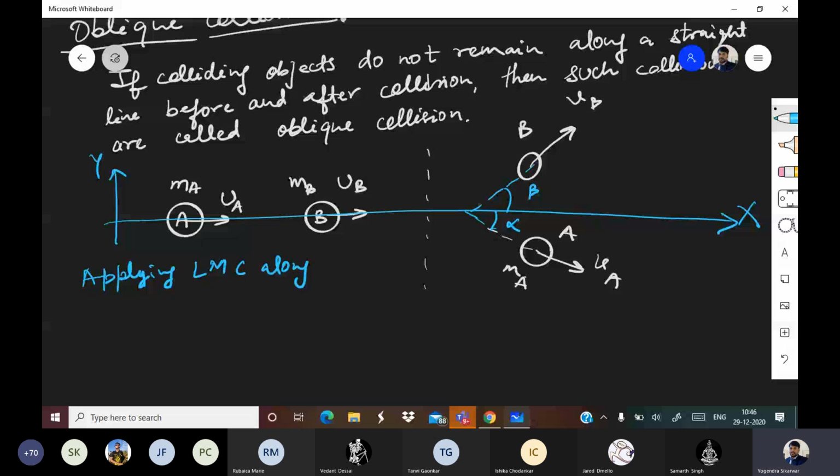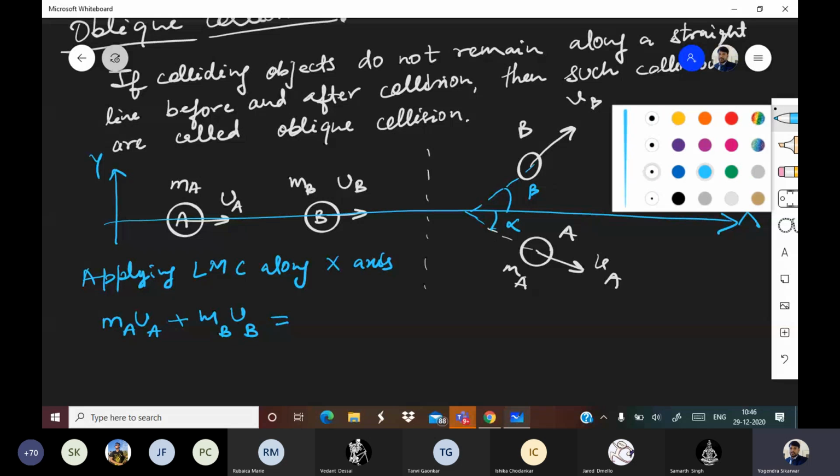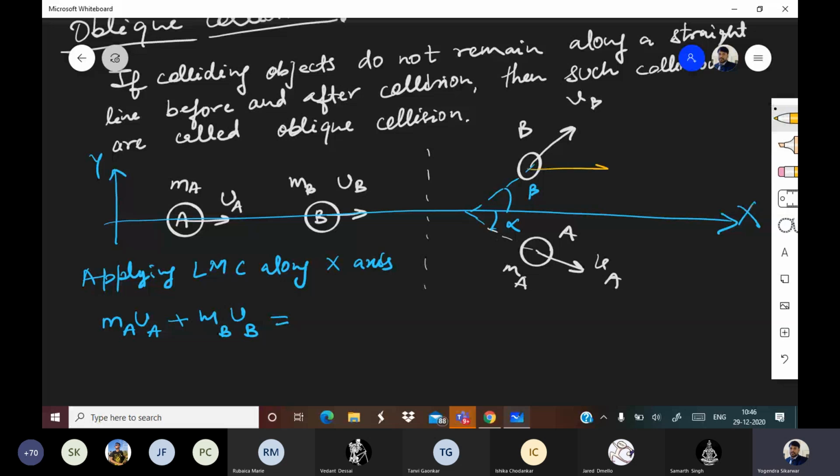MAUA plus MBUB is equal to, now pay attention, how much will be the component of VB along x-axis? So this will be VB cos beta, this will be VB sin beta.